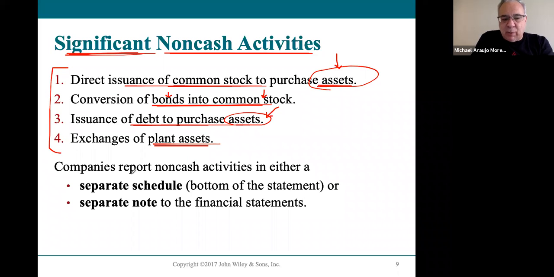However, companies need to report these activities nonetheless. Many put them at the bottom of the cash flow statement as a separate schedule, telling the owners these are some of our big non-cash activities this year. Others will put it in the notes to financial statements. Either way, these things happen but they don't affect cash flow.